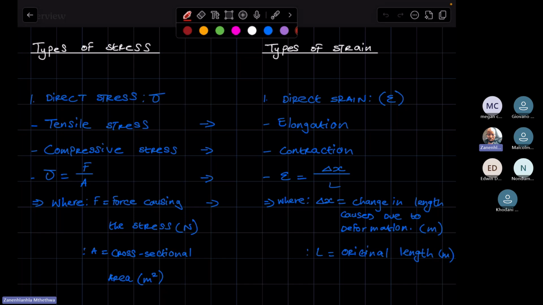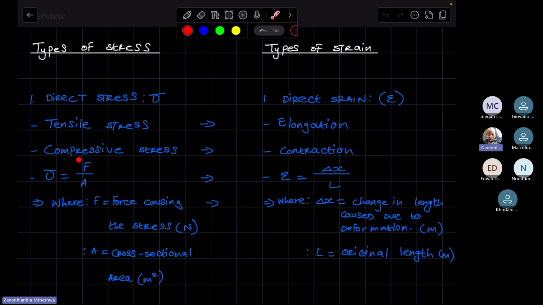So those quantities are, now this is how we express stress mathematically. We say direct stress is equal to the force that the material is being subjected to, divided by the cross-sectional area of that material that you're looking at. So this is the general formula for direct stress.